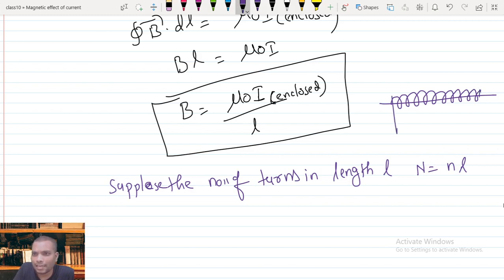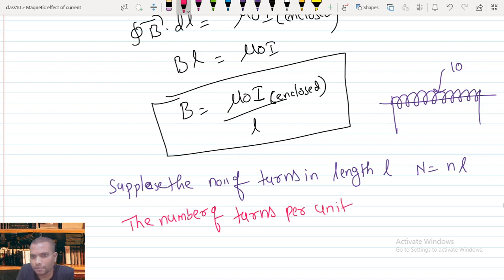I have taken 10 turns, so the total number of turns here is equal to 10, the number of turns in the length L. So if I write the number of turns per unit length, whenever you calculate per unit length, that is nothing but small n per unit length of solenoid.